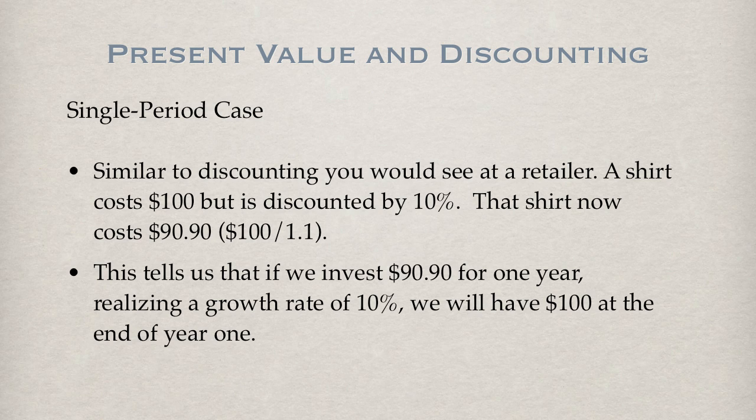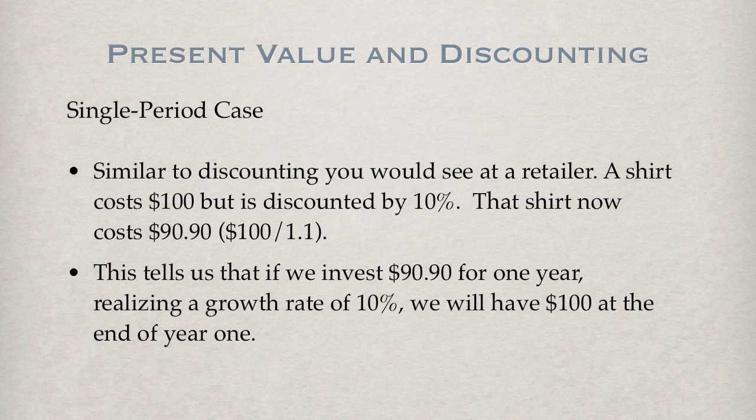You suddenly find that the shirt that originally cost $100 and was discounted 10% to arrive at the $90 value cannot be multiplied by the same 10% to get back to the $100, because 90 times 1 plus 10% is only $99 instead of $100.